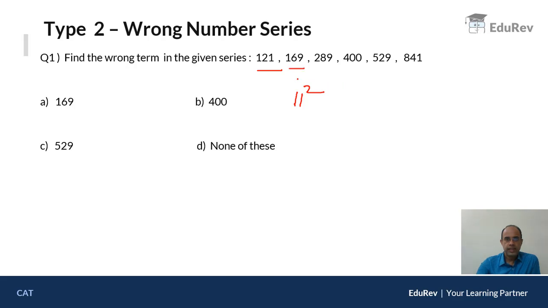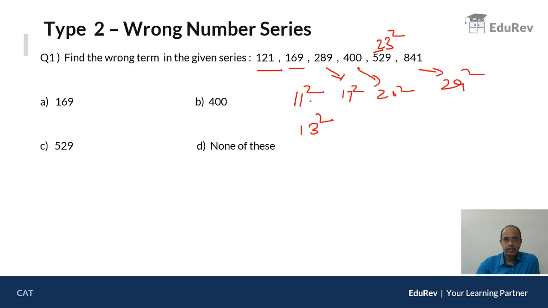Similarly, when I see 169, it's basically 13 square. 289 is 17 square. 400 is 20 square. 529 is 23 square. 841, it's 29 square. Fine. So this is the way we proceed forward in any number series type of question.